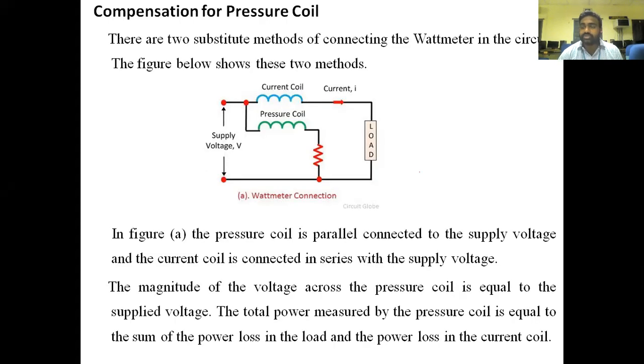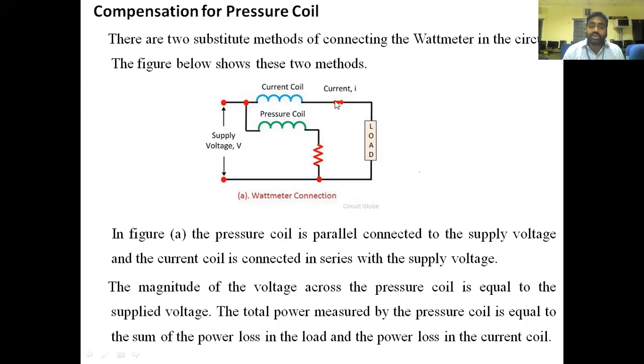In this compensation mechanism of the pressure coil, the pressure coil is connected in parallel to the supply voltage, and the current coil is connected in series to the supply voltage. The magnitude of voltage applied across the pressure coil is proportional to the magnitude of supply voltage.